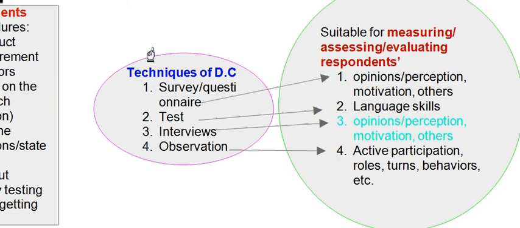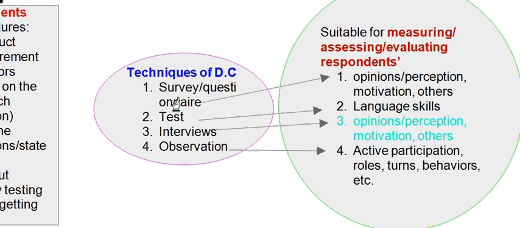Mostly, techniques of data collection are constructed in terms of survey or questionnaires. The second is using tests. The third is using interviews, and the fourth is using observation. These are the common techniques in quantitative research.